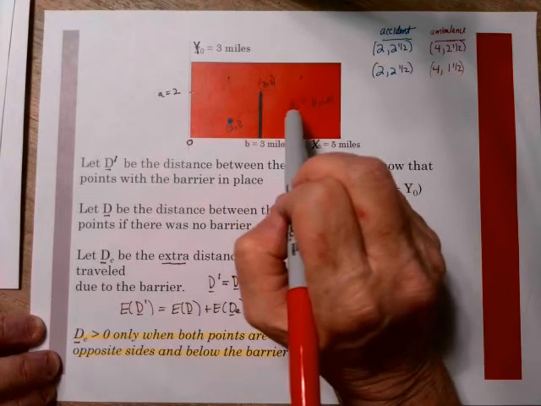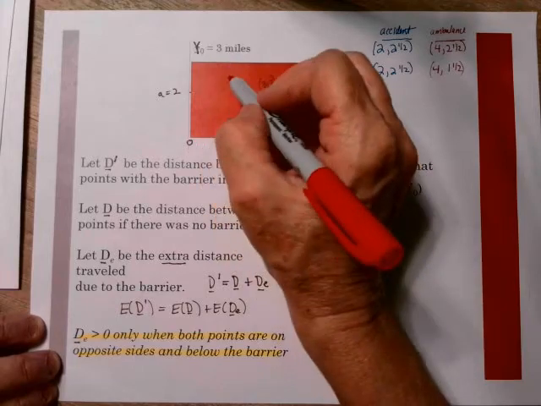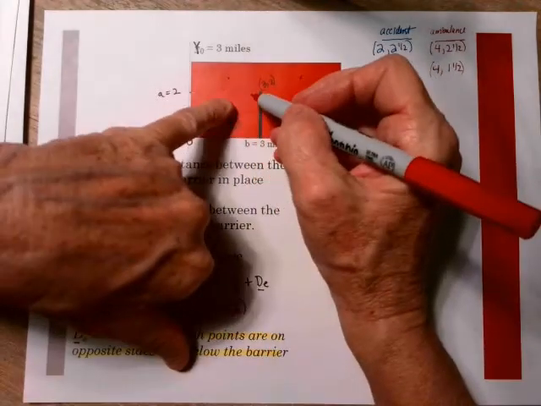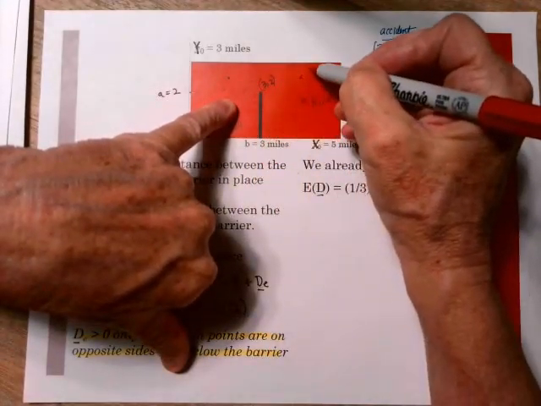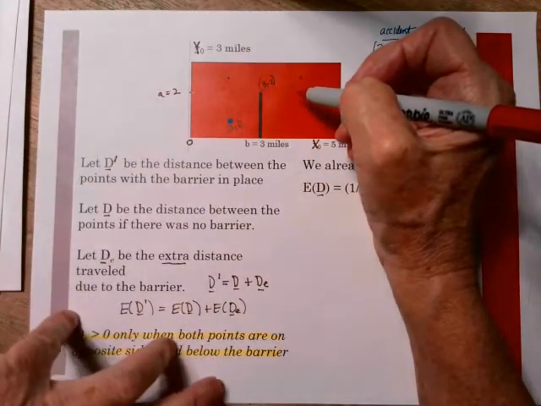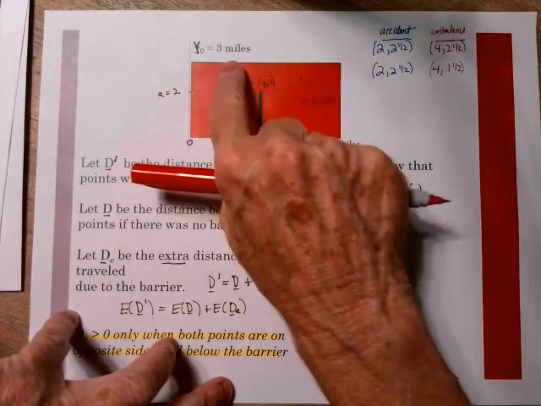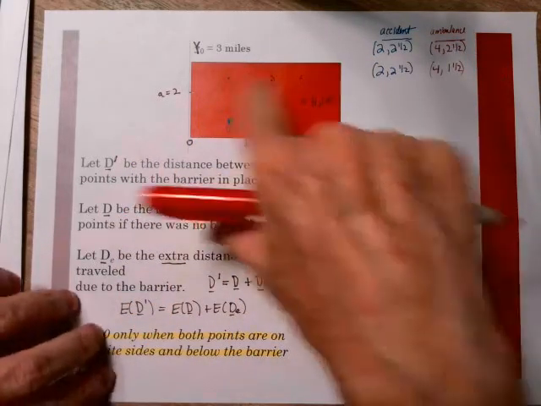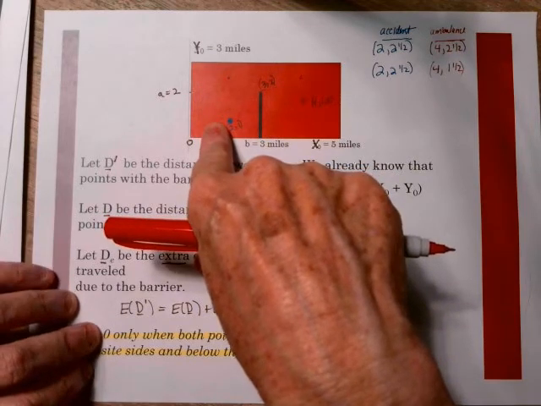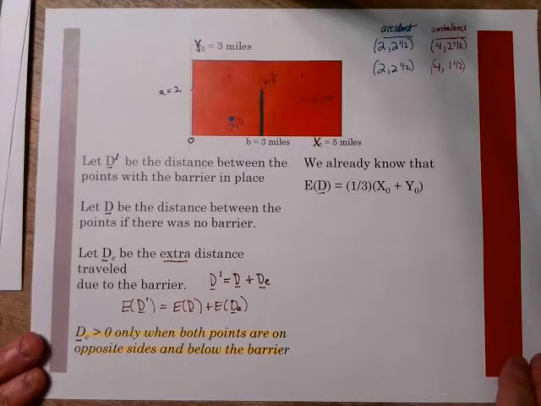I could also have put this dot down here and the ambulance up here, and it's the same situation. Whenever one of the points is above the barrier and one is below, or they're both on the same side, we don't have any extra distance incurred because of the barrier.